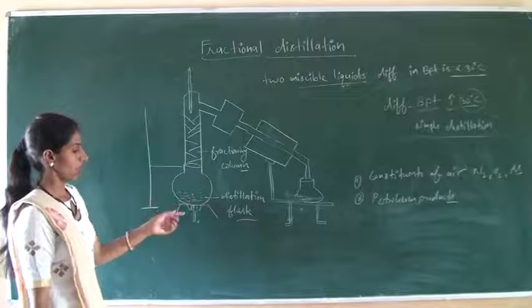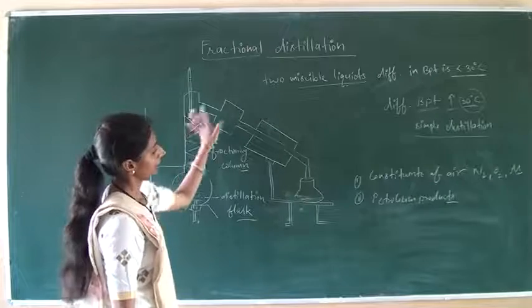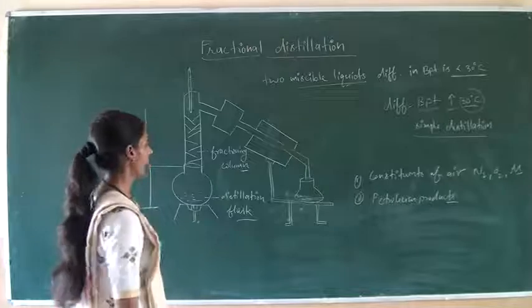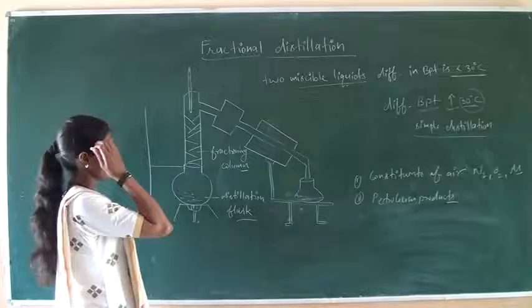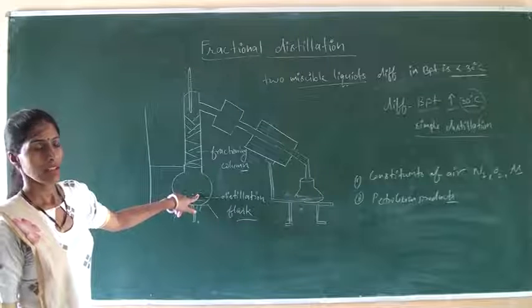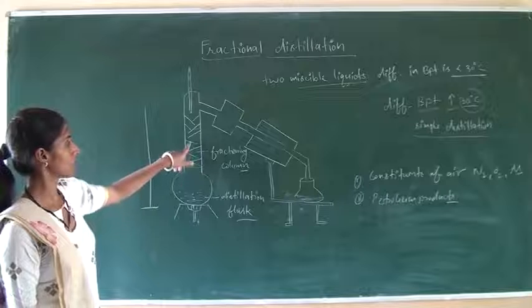We can also, by heating, get these vapors into another receiver flask or beaker. After some time, when we again start heating the remaining liquid, vapors start forming and they pass through this column.